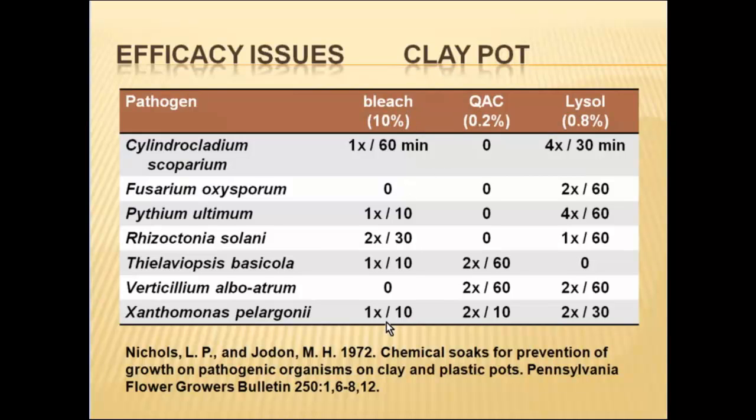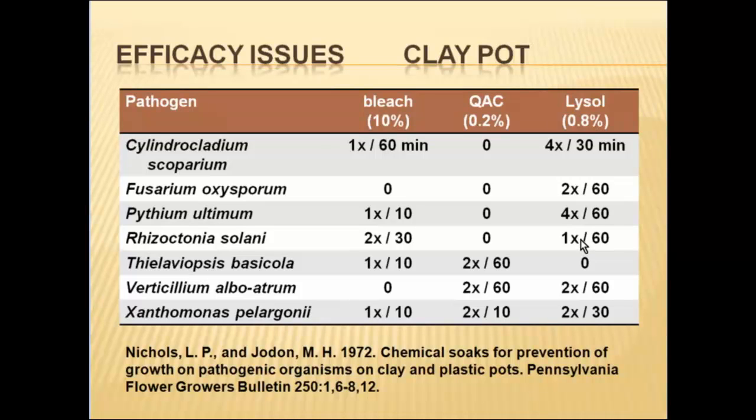And you can see with the bleach, okay, this study, I'm sorry, it was done differently than the other one. The way this study was done was they used all of these compounds at 1, 2, and 4 times the rate. So even with the Lysol, what they had was a stock solution. 1 times is the label rate. The 2 and 4 times are more concentrated.